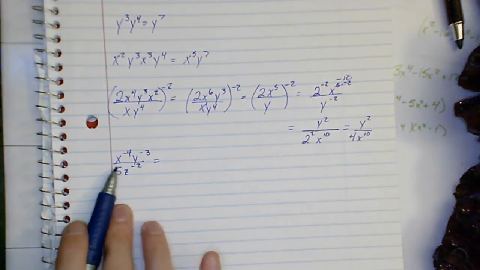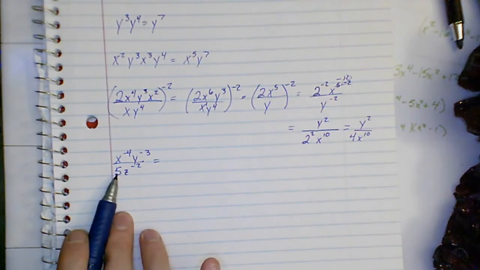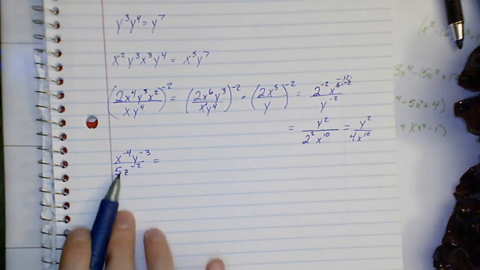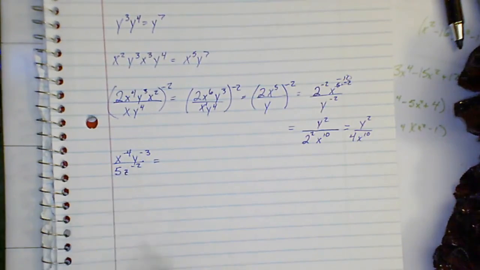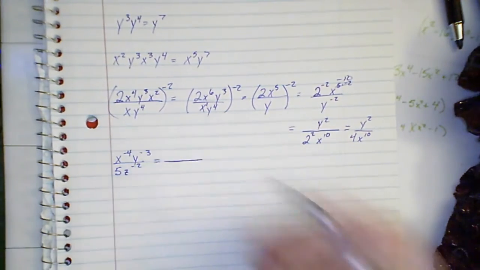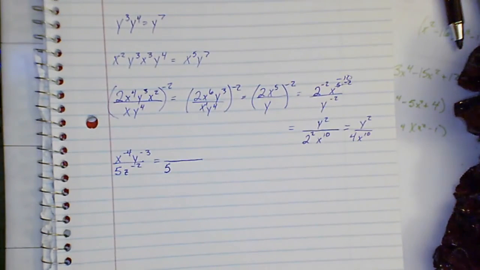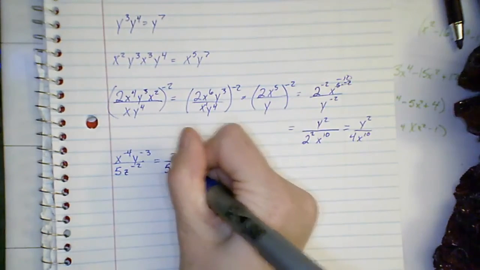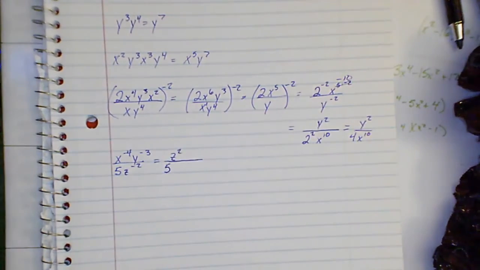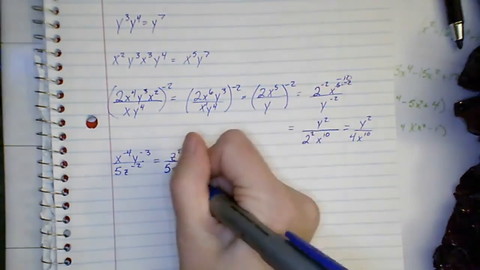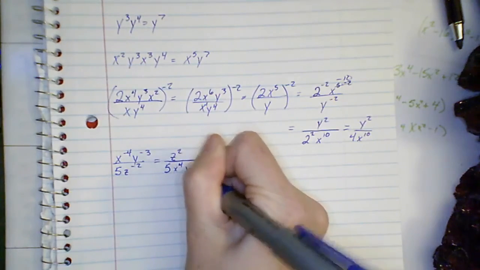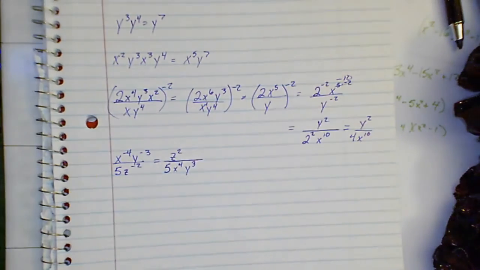It doesn't even have an exponent, or you can think of it as an exponent of 1. Z is affected by the -2. So all we have to do is organize. 5 stays because it doesn't have an exponent. But we can take z to the -2 upstairs to make it +2, x to the 4th downstairs, and y to the 3rd downstairs.